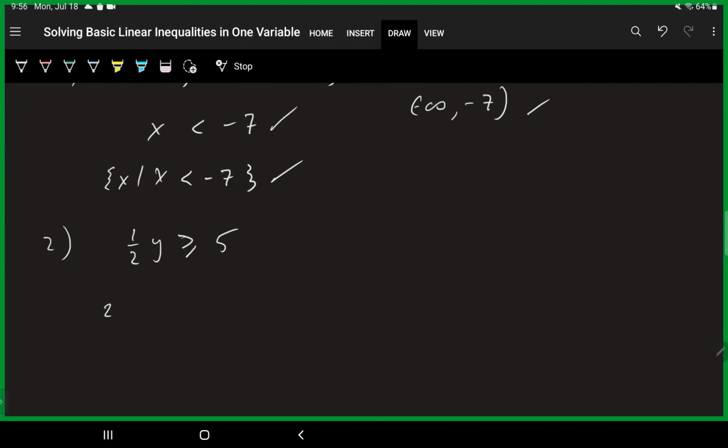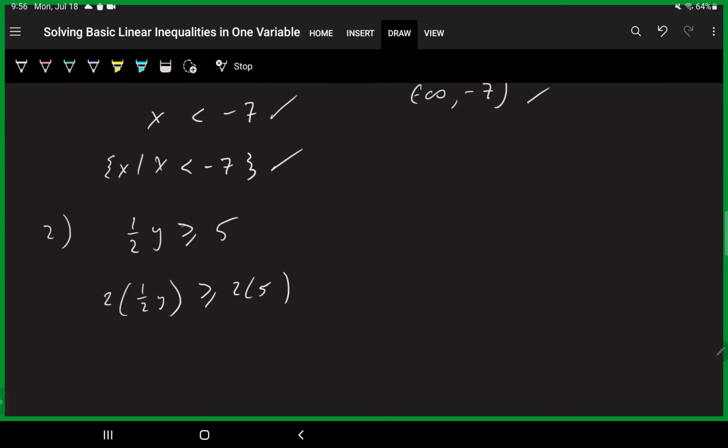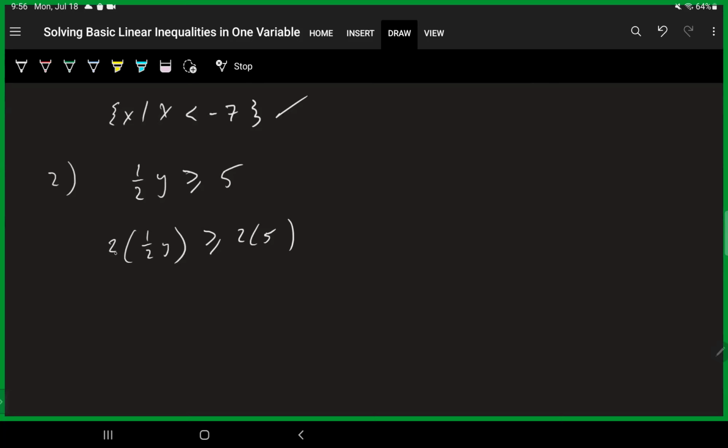So 2 times 1/2 y is bigger or equal to 2 times 5. I don't change the direction of my inequality symbol here because I'm multiplying by a positive value, and I don't need to worry about that. 2 times 1/2 is 1, so I just get a y, and that's bigger than or equal to 10. So there is my solution: y is bigger than or equal to 10.